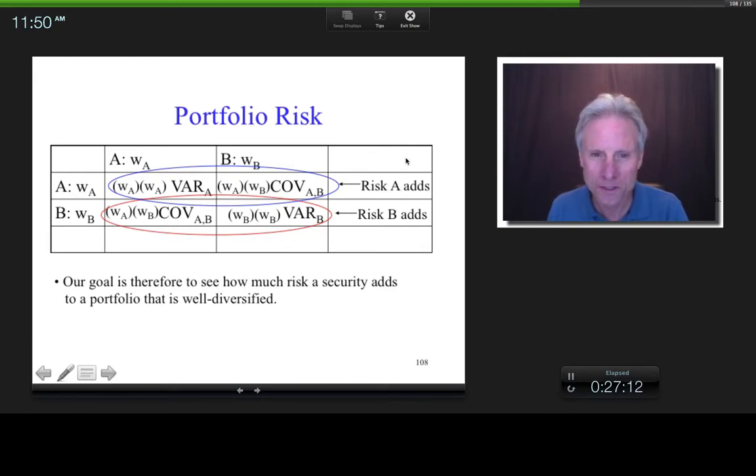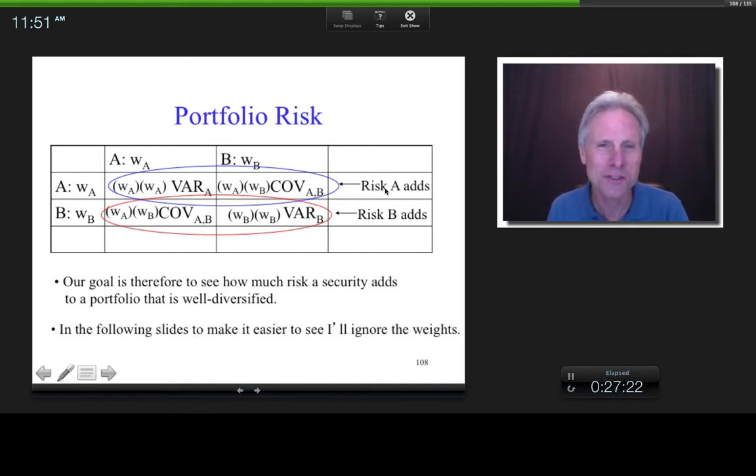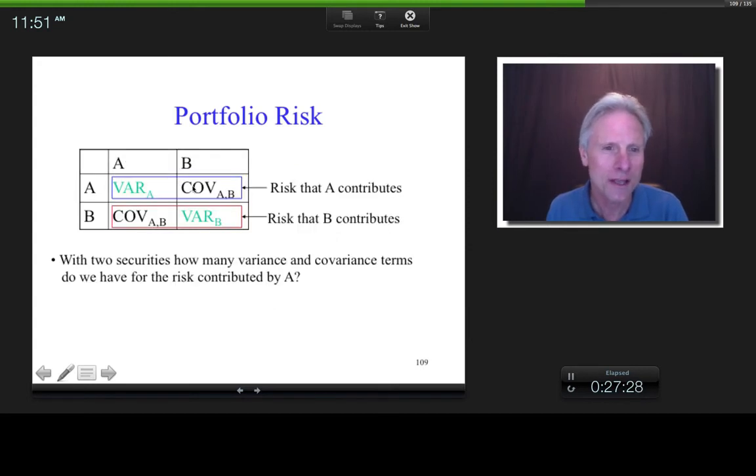So in other words, we're going to start having to add more and more securities to see how much risk any given single security adds. Now, as I proceed with the following slides, just to make it simple so it's easier to read, I'm going to pretend I have all these weights in here. So pretend there are weights here, and I'm going to say this is the risk that A contributes, and that's the risk that B contributes.